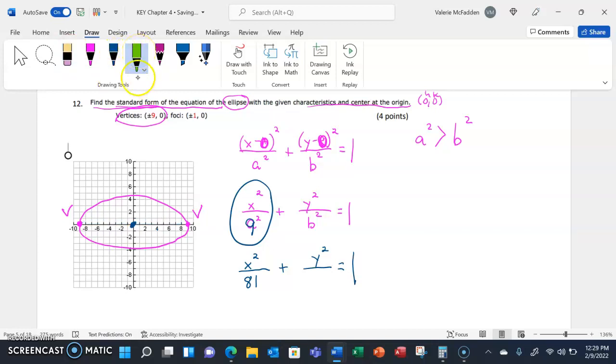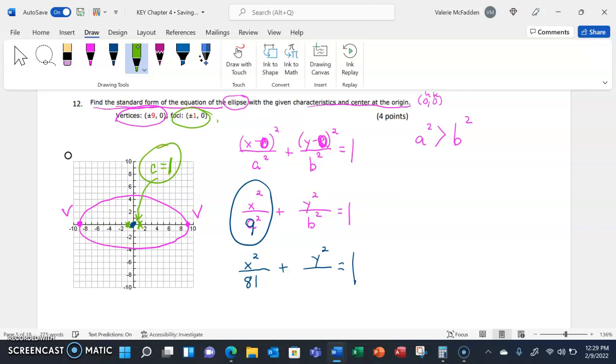It says the foci are at positive and negative 1, 0: 1, 0 and negative 1, 0. So that gives you little c. Little c is the distance from our center to our focus. So you can see center to focus would be 1 unit long.